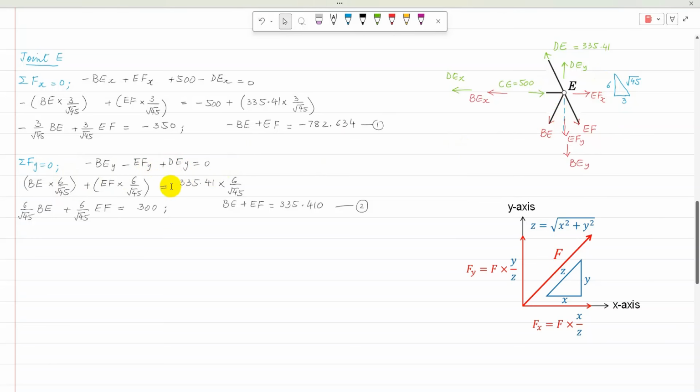DE is known, so it goes to the other side, and I get an equation in simplified form as BE plus EF is equal to 335.410. So now I have two equations, which can easily be solved by elimination or substitution, and I'm going to show how to solve this using a calculator.